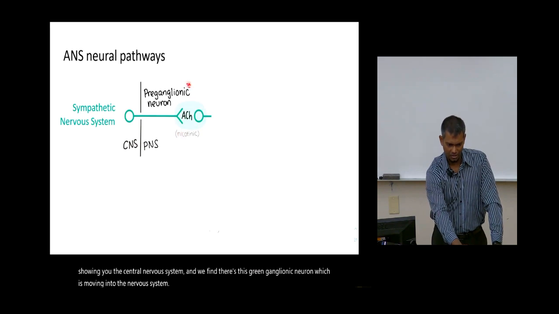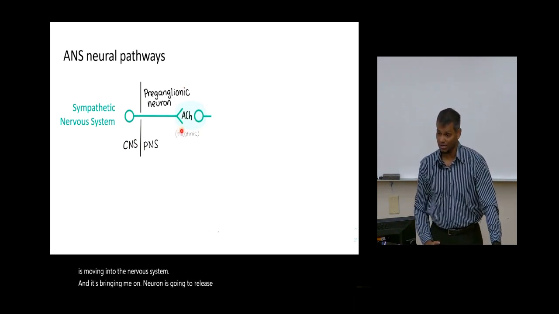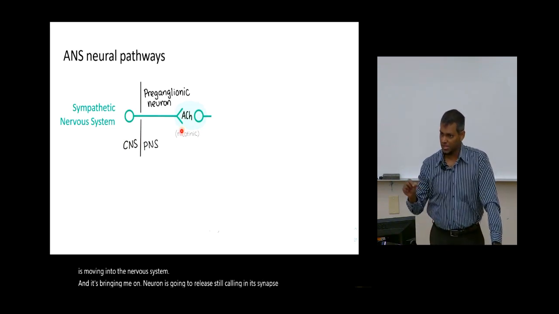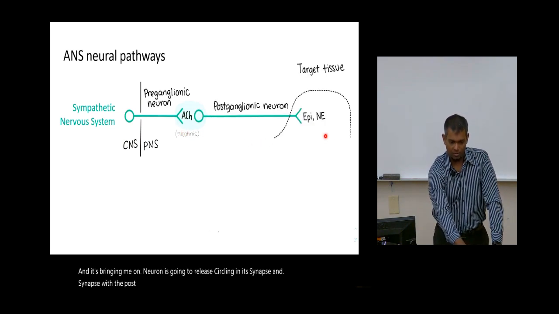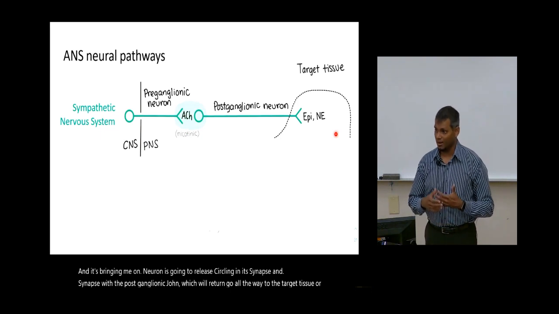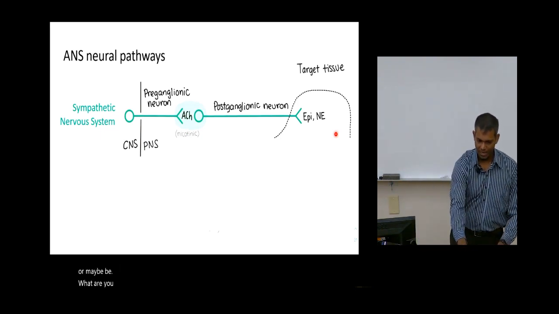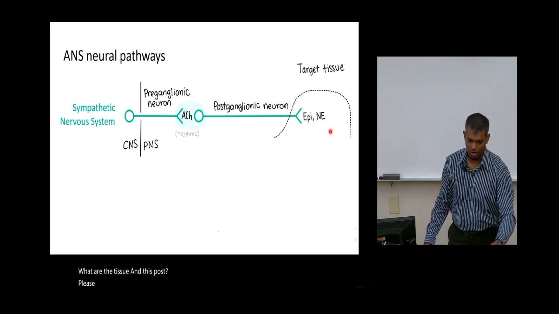This preganglionic neuron is going to release acetylcholine in its synapse. It will synapse with the postganglionic neuron, which will in turn go all the way to the target tissue, or maybe be in close vicinity to the target tissue. And this postganglionic neuron can release epinephrine or norepinephrine.